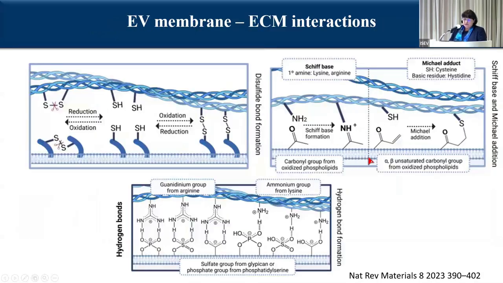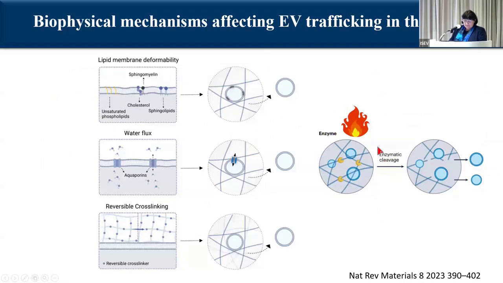Now, we already do know that the extracellular vesicle membrane and extracellular matrix components have multiple different interactions with one another. We know that there are covalent interactions like thiol-based interactions or Schiff-base or Michael adduct-based interactions, and also there are hydrogen bond and electrostatic interactions between the vesicular membrane and the matrix.